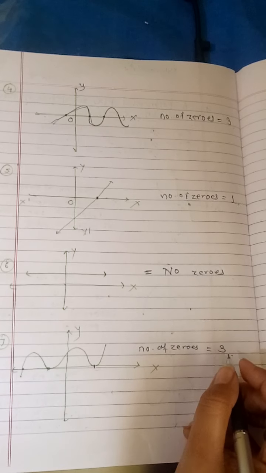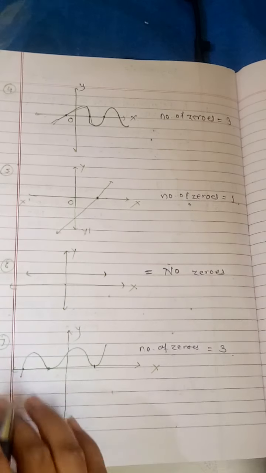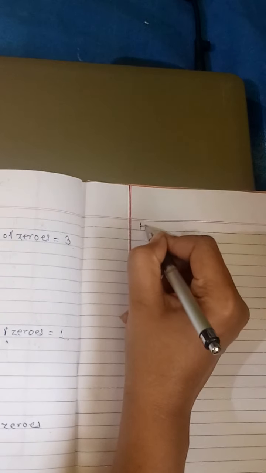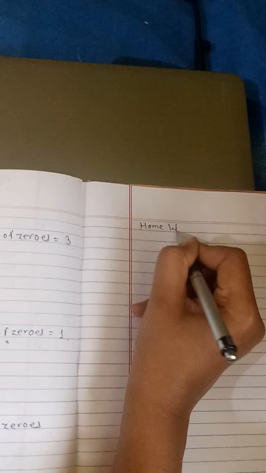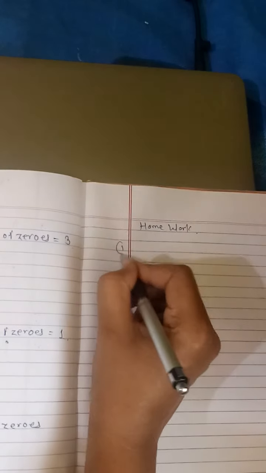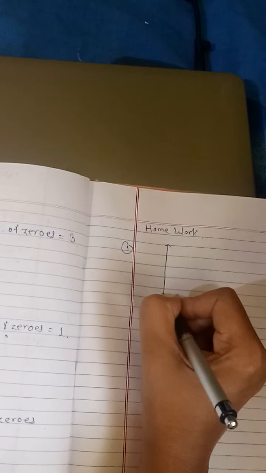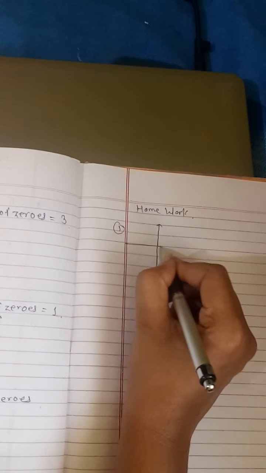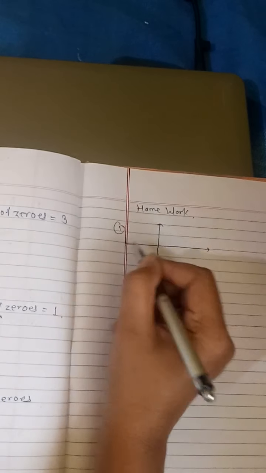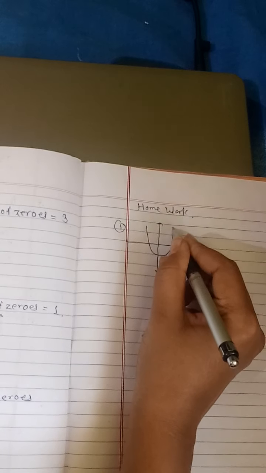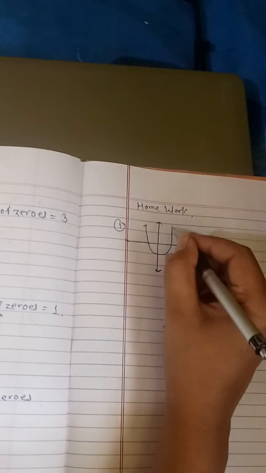So I give some homework examples to you. The first example is homework. First I give some graph. This is an upward parabola.